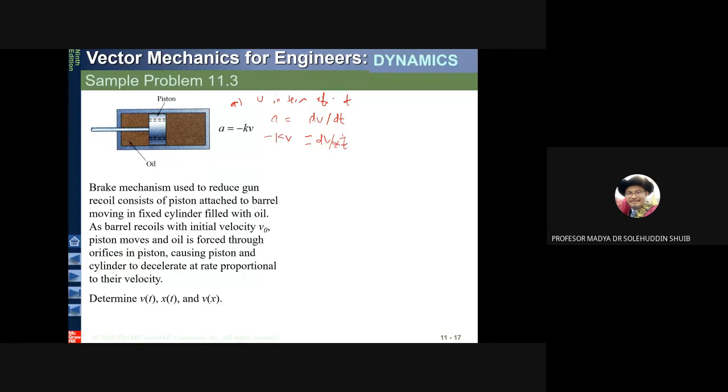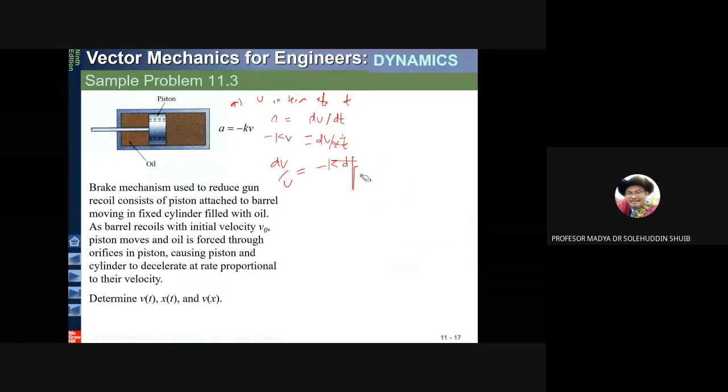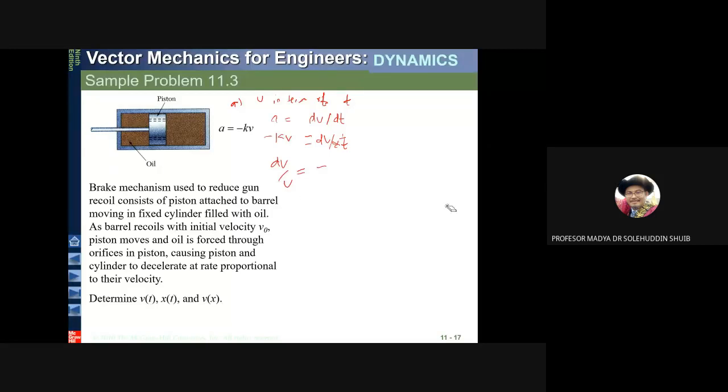So you put all together dV and V. So you have dV over V, and then minus K dt.